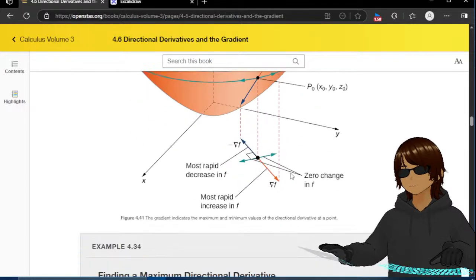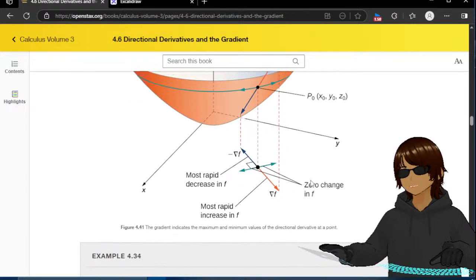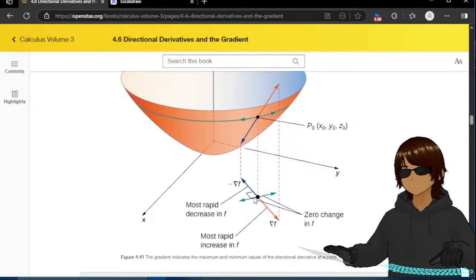Zero change in f. Okay, we have minus del f, plus del f. All right. Most rapid increase in f. Most rapid decrease in f.